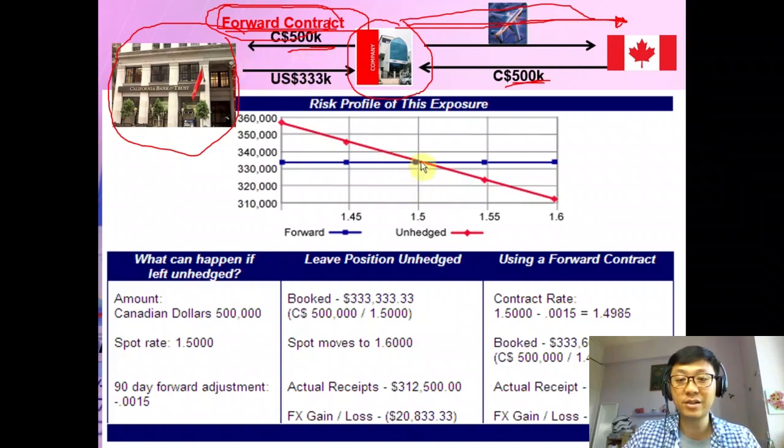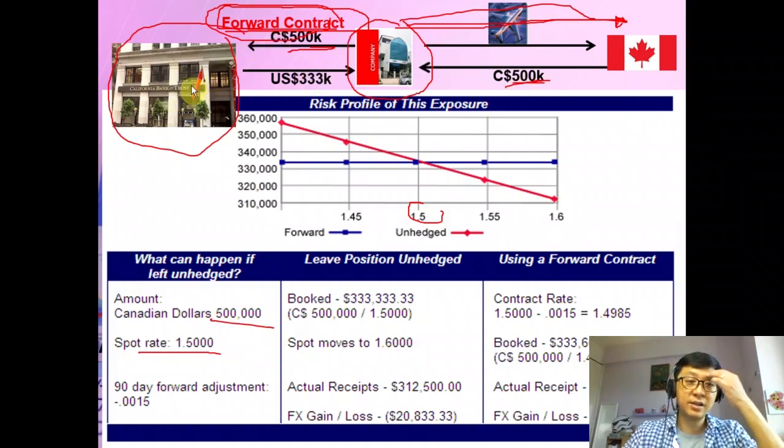Let's say the current exchange rate is 1.5, right? So with 500k Canadian dollars given to me, I can fix the exchange rate with this guy, the bank, and I'll be paid this US dollar using this exchange rate. Okay, I'll be assured, right?